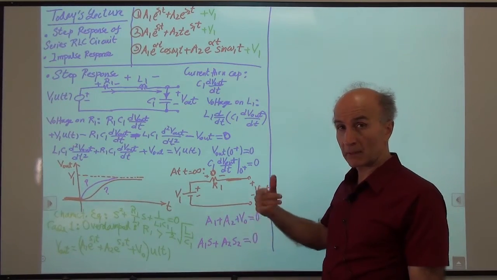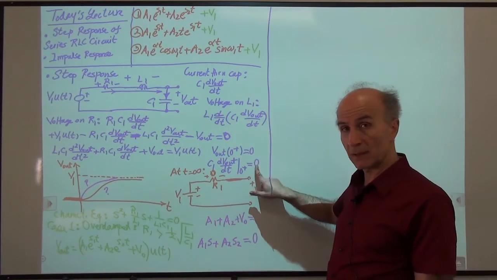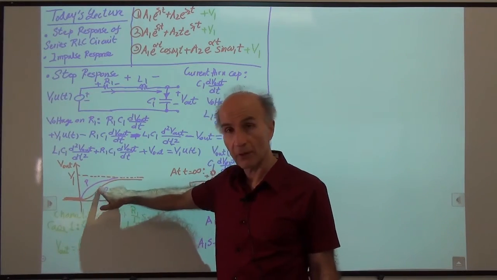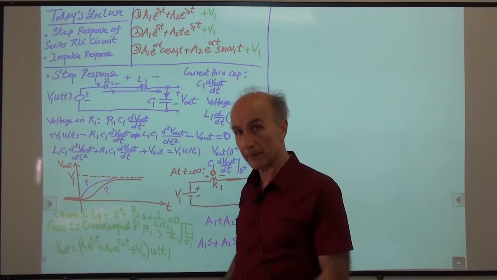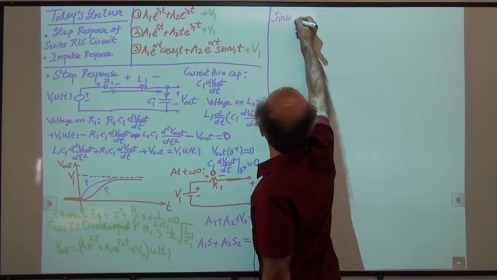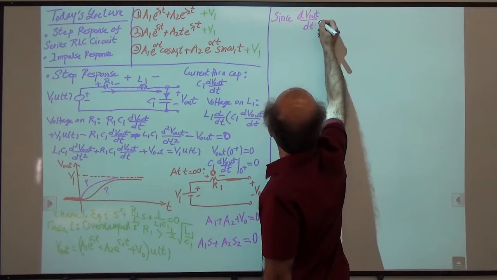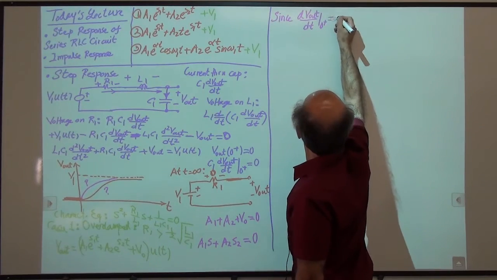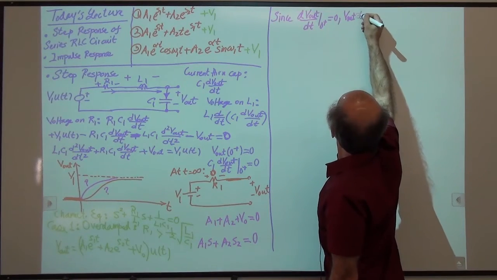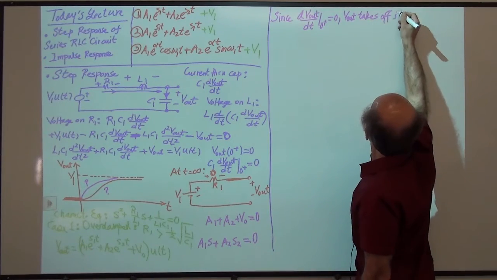So we have to go back and examine the derivative of V out. And we have that: the derivative of V out is 0 at 0 plus. So the correct waveform is indeed the red waveform, not the purple waveform. Since dV out over dt at 0 plus is 0, V out takes off slowly.